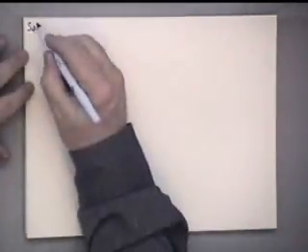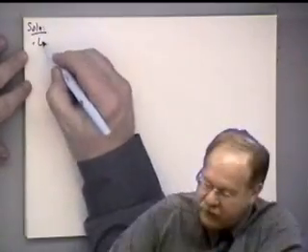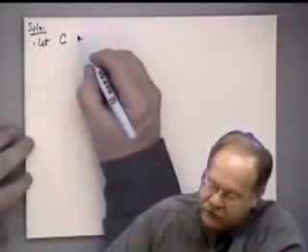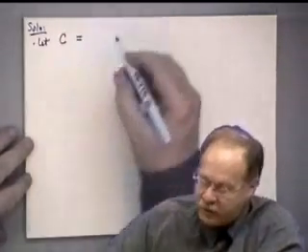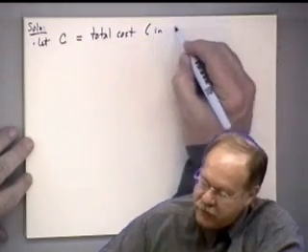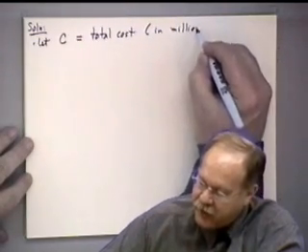So, in order to work this out, let us start by, first of all, letting some letter, say C, stand for the total cost. And let's find out what the calculation of the total cost would be. So this will be the total cost, and we'll measure this in millions of dollars. That way we'll keep our numbers small.